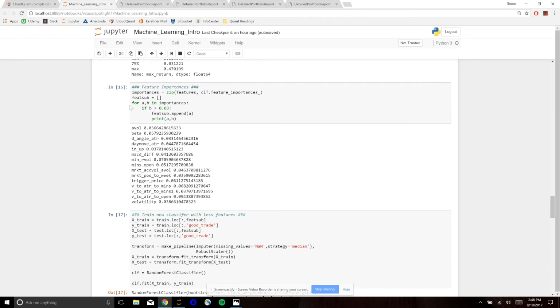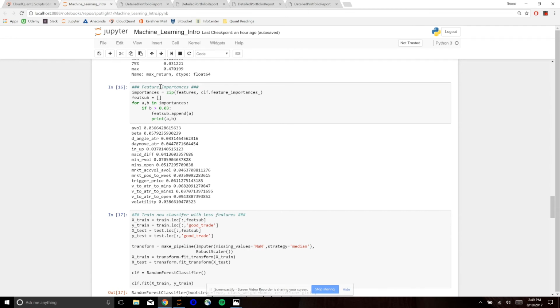Secondly, you don't want to be introducing excess noise. If you have a variable or a feature in your data set that just randomly has some sort of pattern in it that worked in the training set, and the decision tree makes a bunch of rules based on this random pattern that it found, that's not going to generalize very well to your test set if that variable is not actually very important.